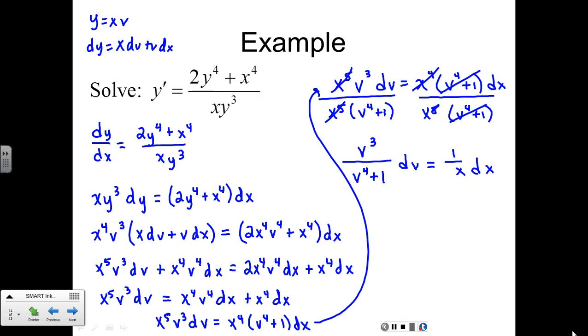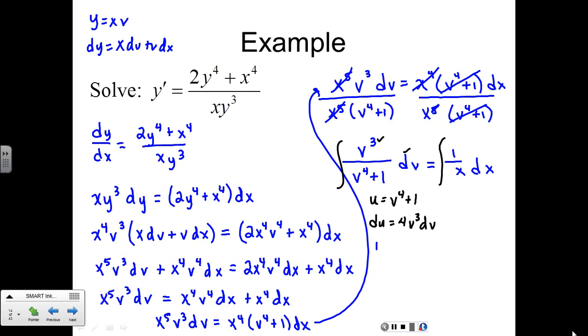Think about it for a second. Integrate both sides. The right side we got, no problem with that. How am I going to integrate the left side? U substitution, what would U be? Du then would be 4 v to the third dv, which I've got the v to the third. I don't have the 4, so I'm going to have to do the 1/4 thing.